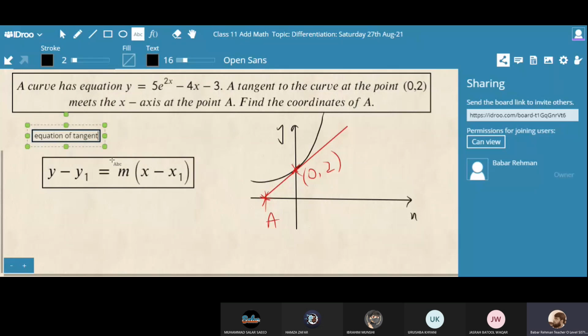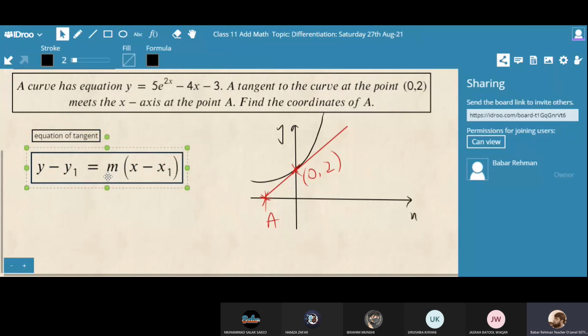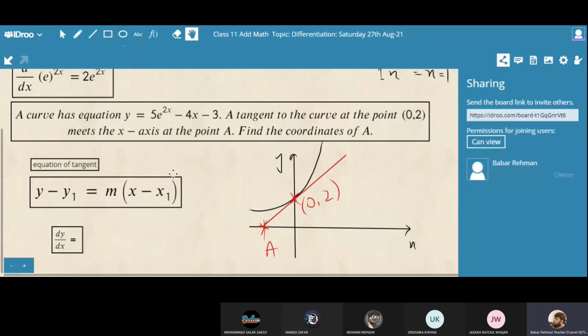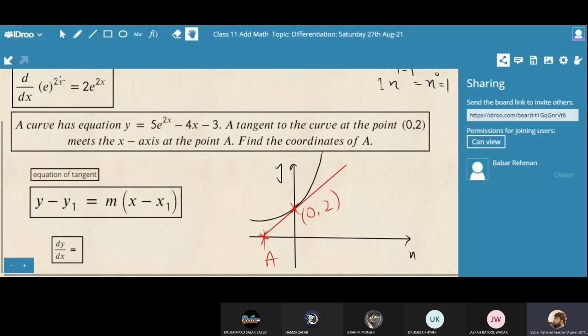For this equation of tangent, we need the derivative. So how can we find the derivative of this function? y is equal to, okay student, dy by dx. What is dy by dx? Now tell me, what is the derivative of 5e power 2x? As I told you, the derivative of e power 2x is e power 2x multiplied by the derivative of 2x.